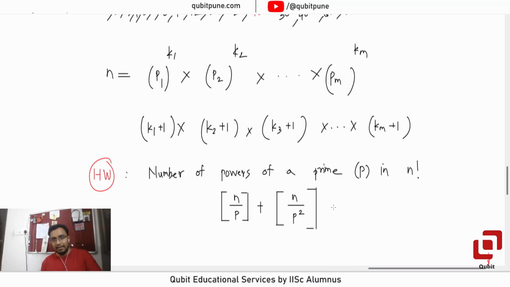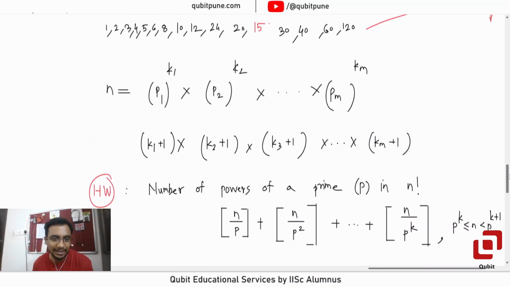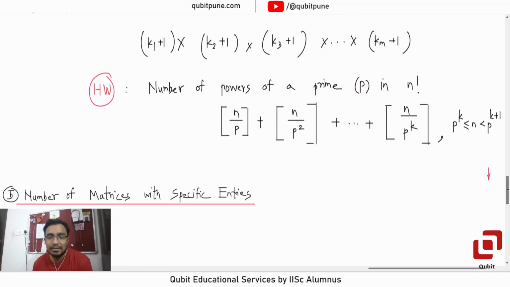It's not n factorial in the denominator, by the way. You have to continue this until you get 0. You can prove it, otherwise I'll explain it later. I don't think they will ask you this, but who knows.